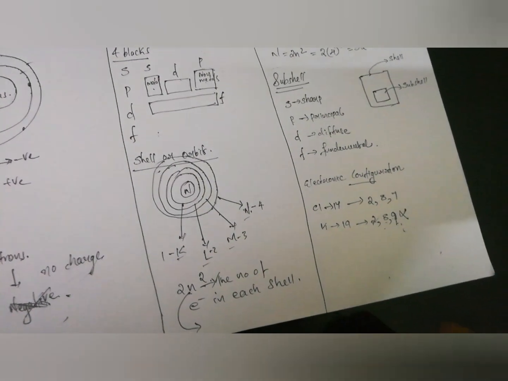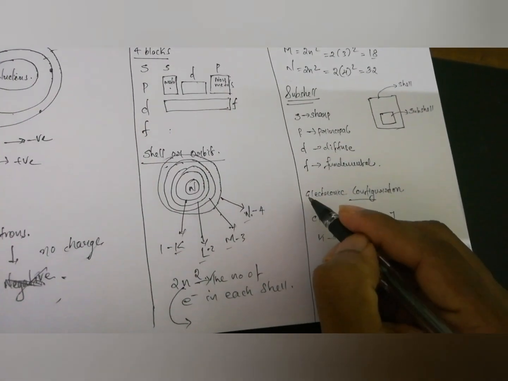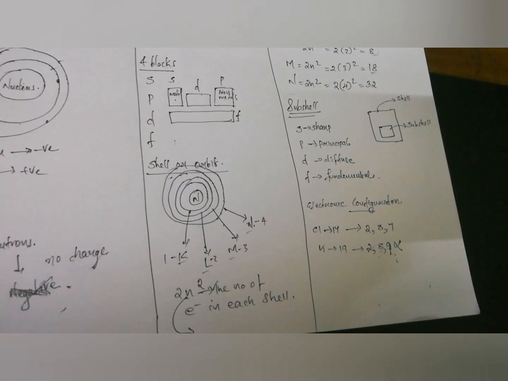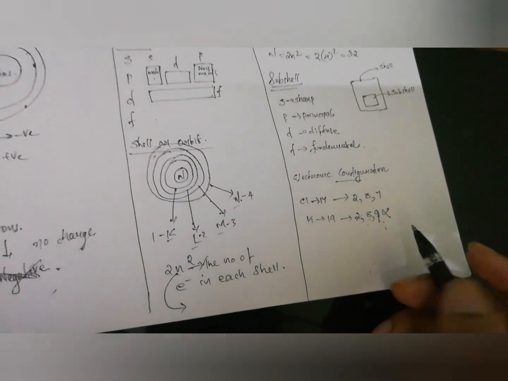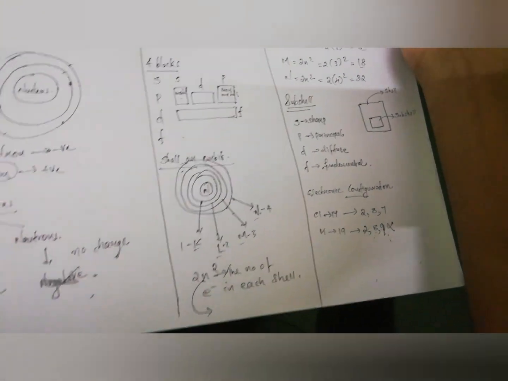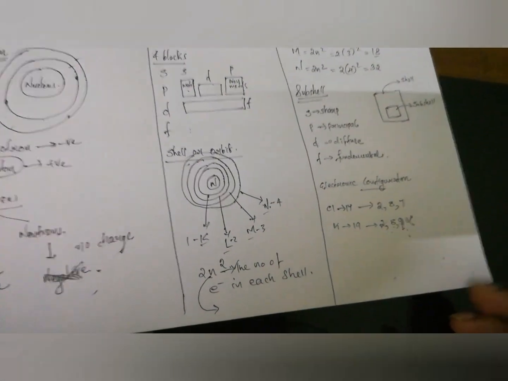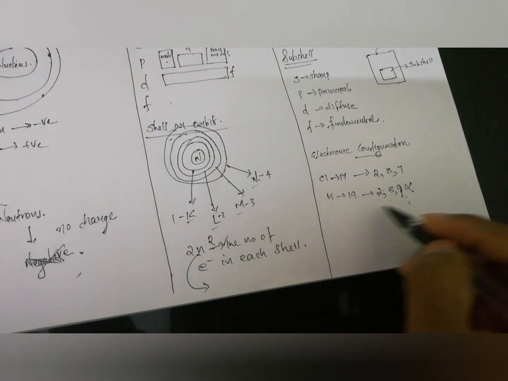Yes, this is wrong, because nowadays the electronic configuration is defined based on Schrödinger's theory. Then who is Schrödinger and what did he say?